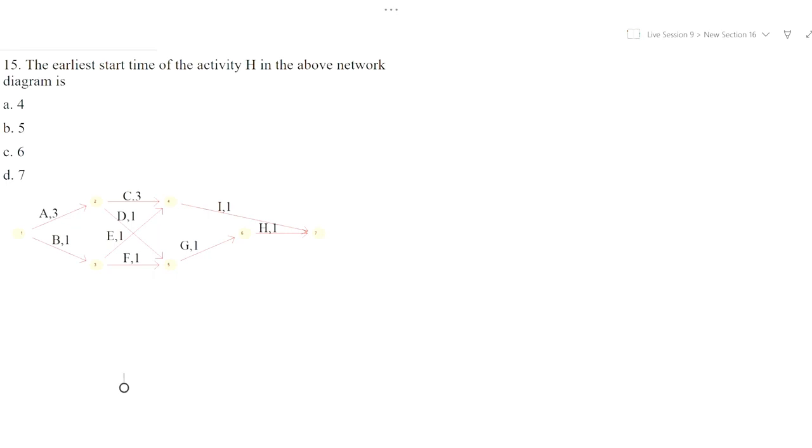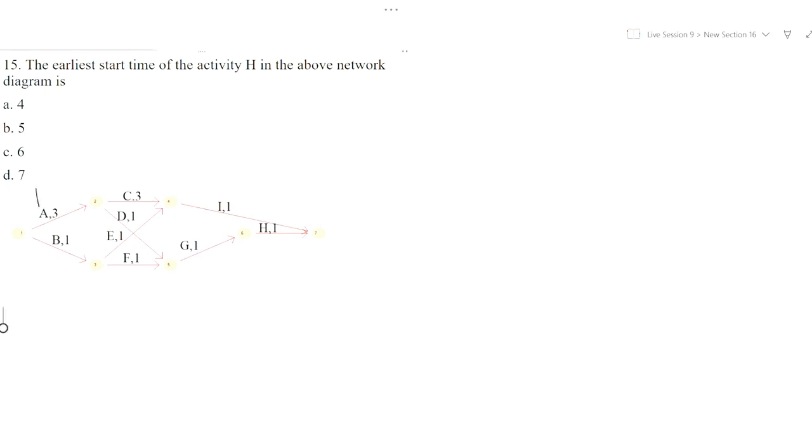Okay, so this is the network diagram. We have to find out the slack start time of the activity H. So I will just draw the network diagram and find out the slack time of the network diagram based on the activity. So from node 1 to node 2, the activity A, the duration is 3.